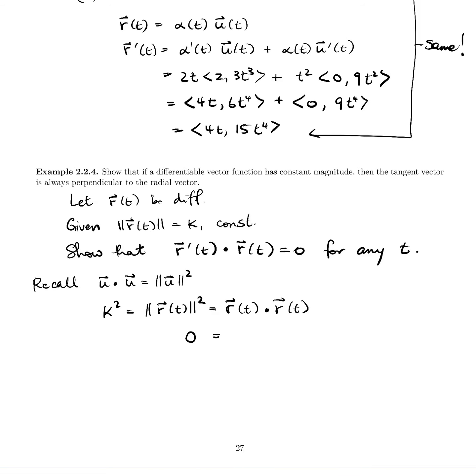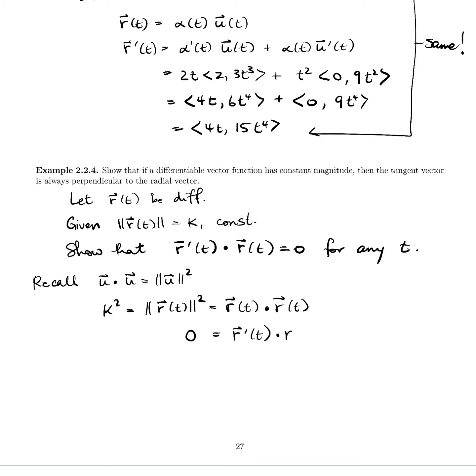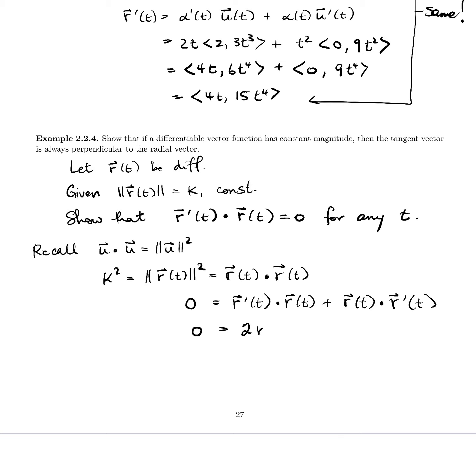Applying the product rule for the dot product, we get r prime of t dotted with r of t plus r of t dotted with r prime of t. Using the commutativity of the dot product, we can say that this is 2 r prime of t dotted with r of t.